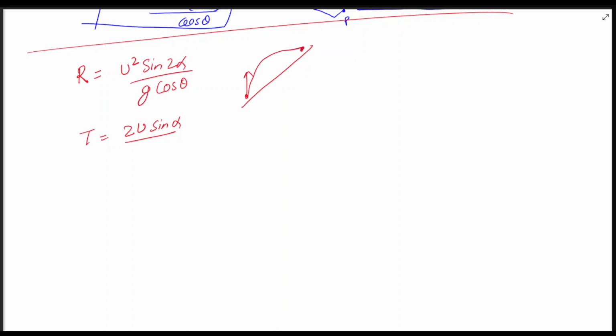It is going like this. It will always reach at Q, if the box is moving with an acceleration g sine theta. So here the acceleration was g cos theta, so we will write g cos theta.